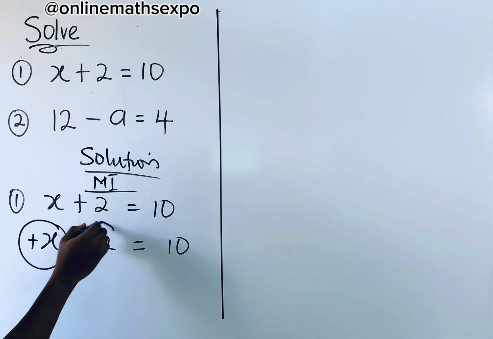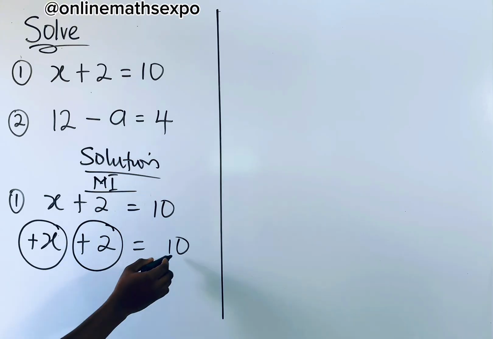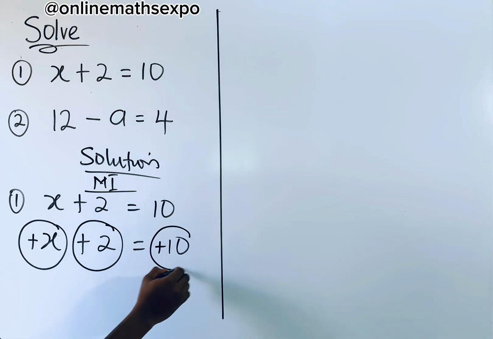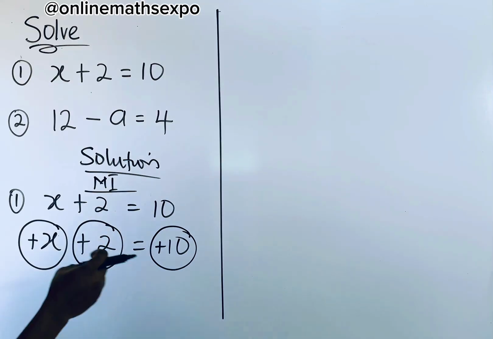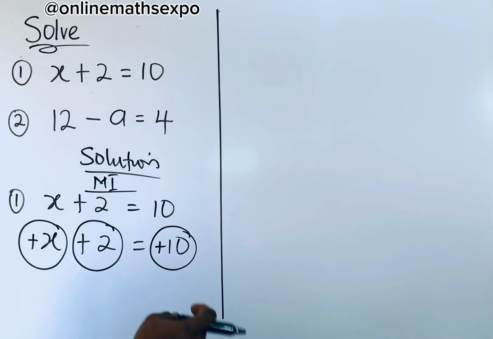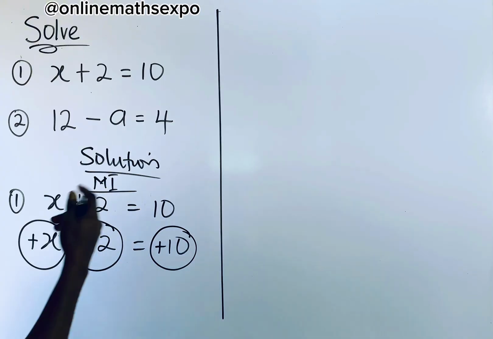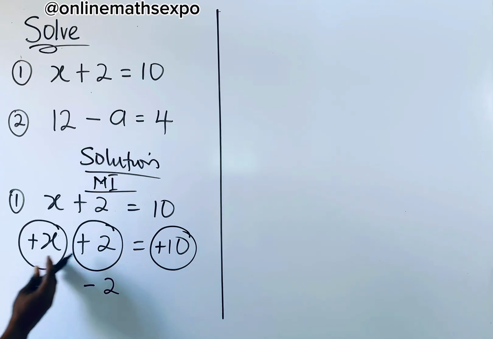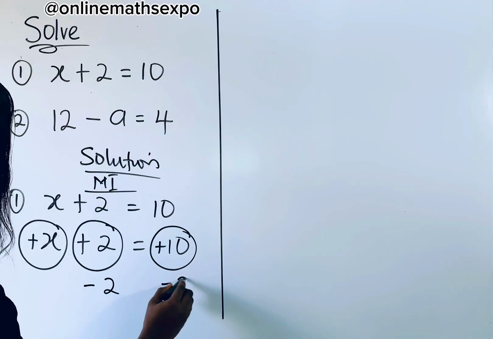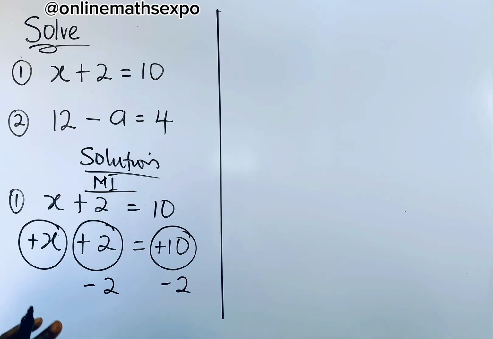This 2 is carrying positive, and 10 is also carrying positive. So if you want to remove this positive 2, you need to subtract. The opposite of addition is subtraction. So you are going to subtract 2 from this side and also take 2 away from this side. That is just what you need to do.